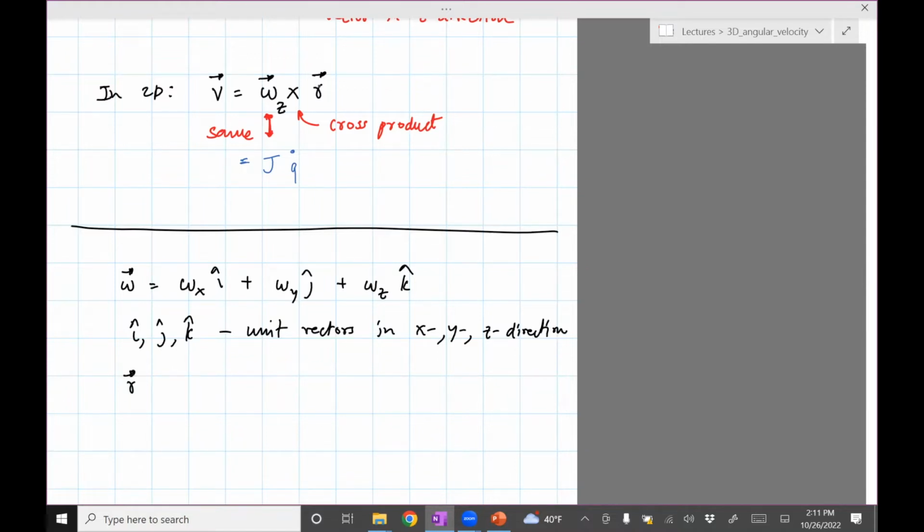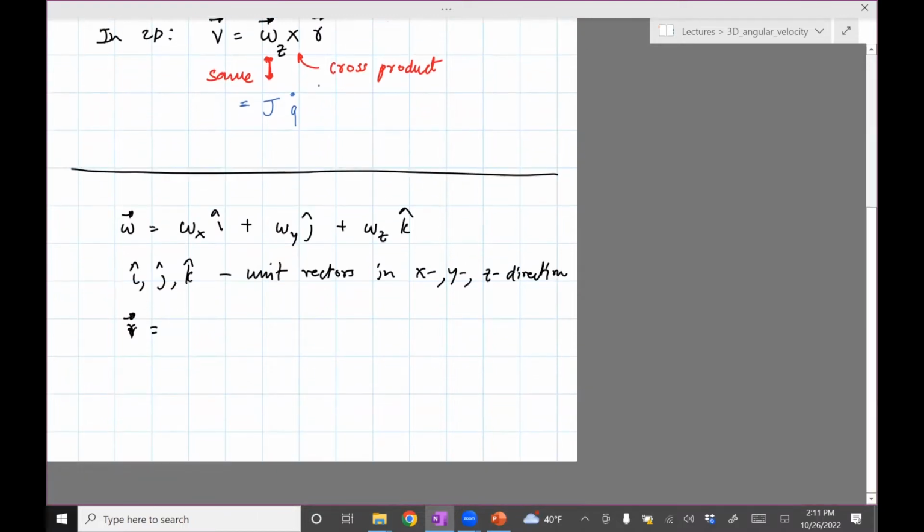Similarly, the position vector for a generic 3D case can be written as rx i plus ry j plus rz k.